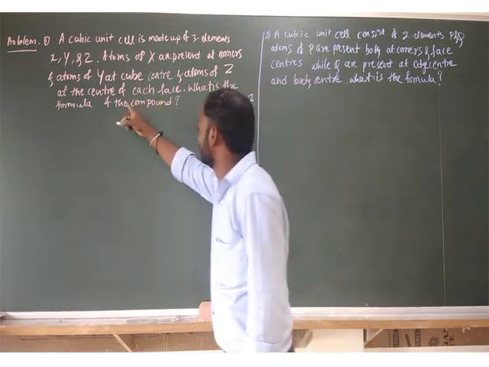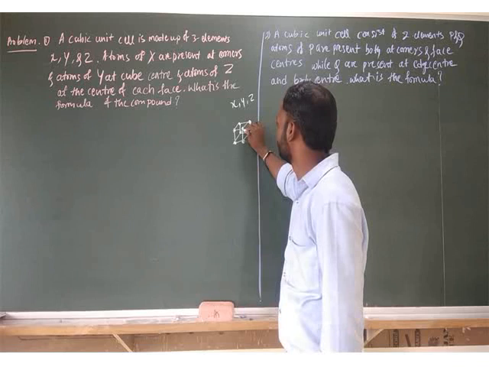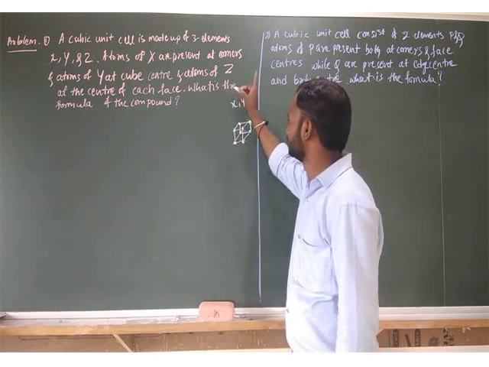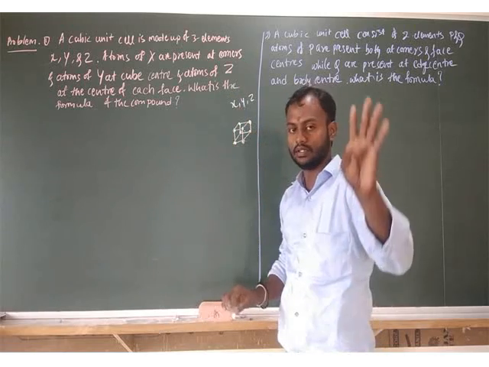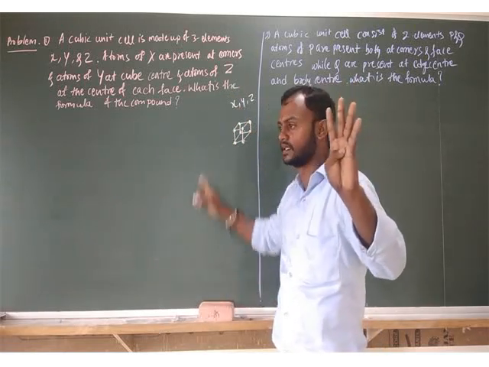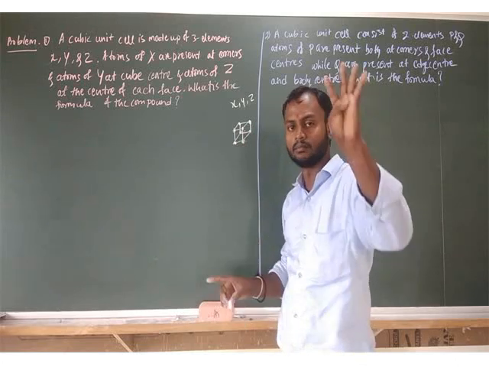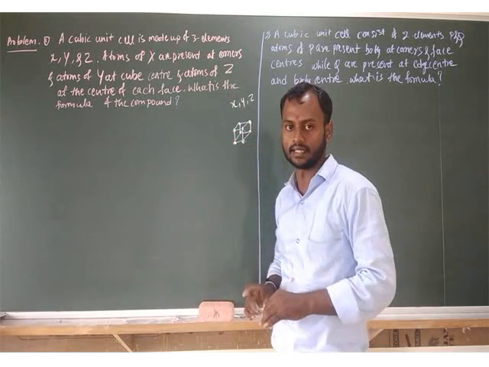And atoms of Y at the cube center, and atoms of Z at the center of each face. So this crystal lattice contains corner particles, body centered particles as well as face centered particles.